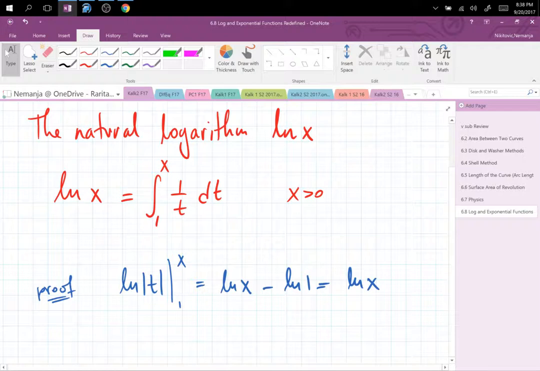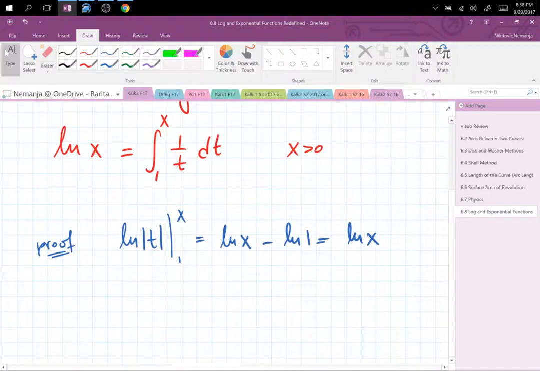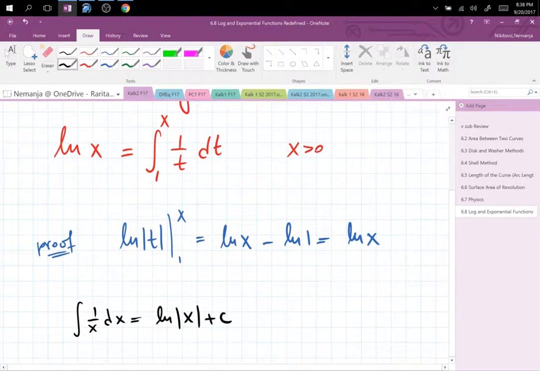One thing that I want to outline for you is this use of absolute value. You were supposed to learn that the integral of 1 over x dx is ln absolute x plus C. And why absolute x?